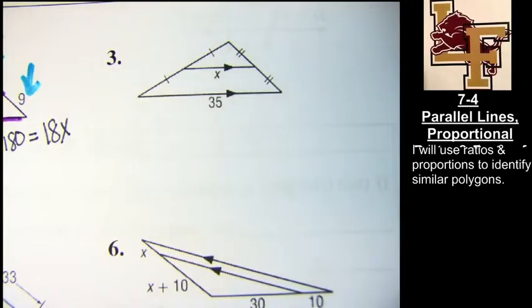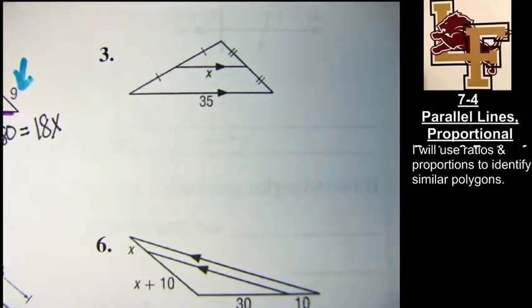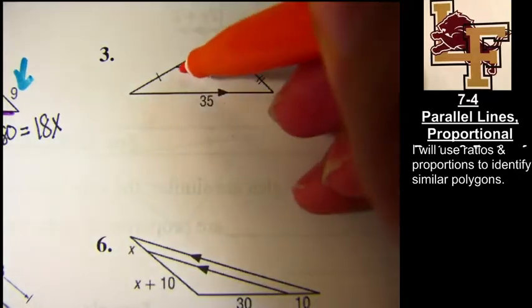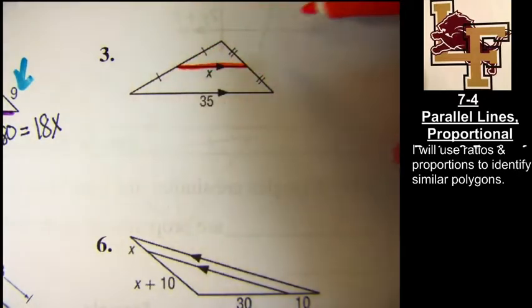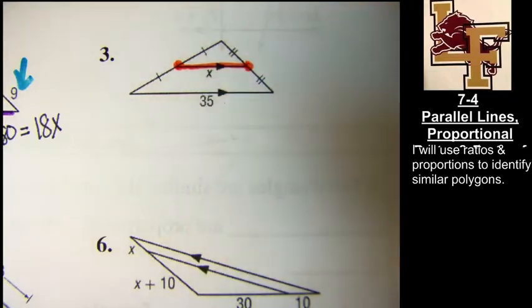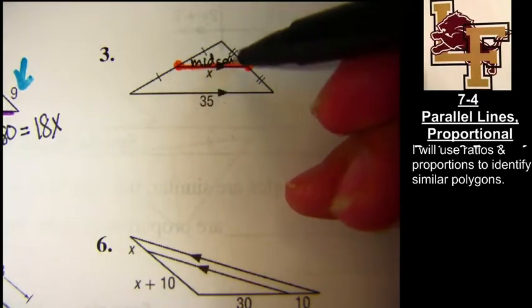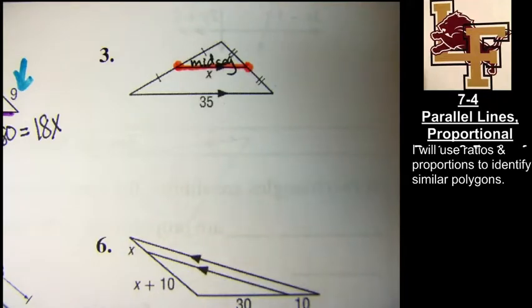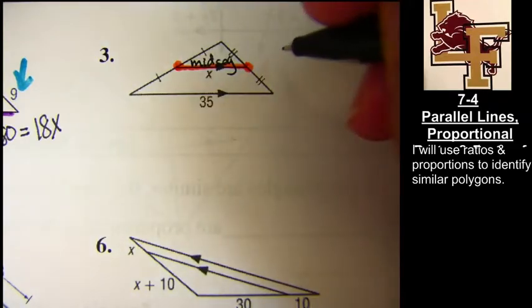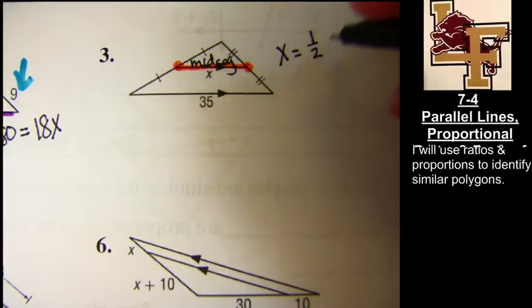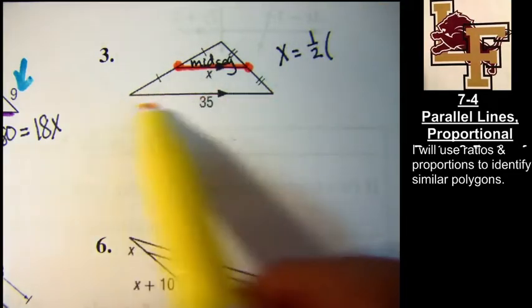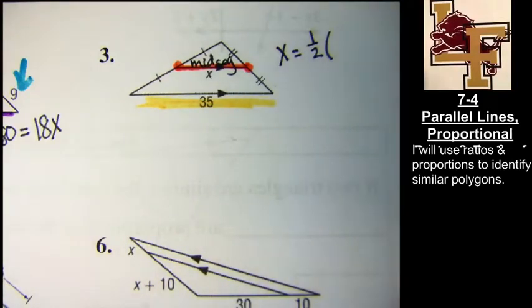Do I have a midsegment? Here's the line that intersects a triangle. Is this a midpoint? Is this a midpoint? Yes, then that's a midsegment right here. According to that theorem, that midsegment is equal to 1/2 of this other third side of the triangle.